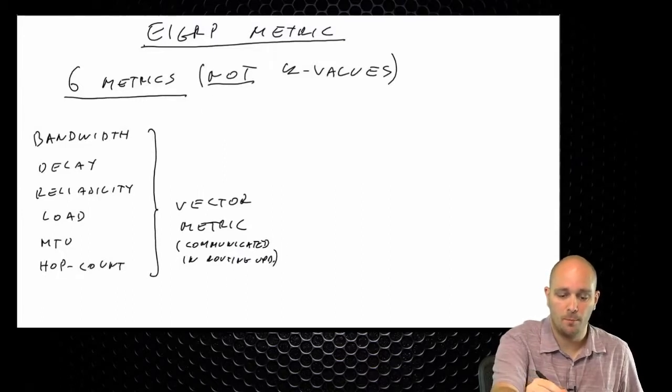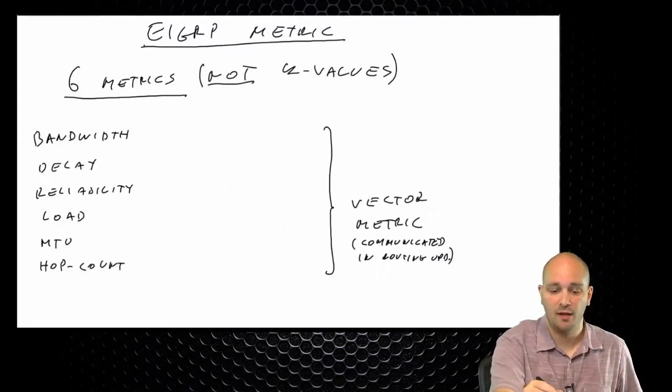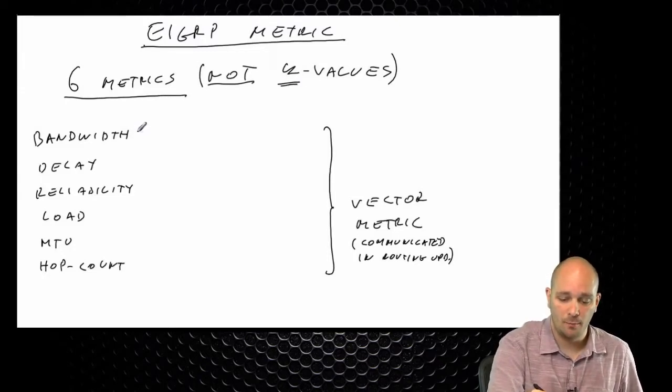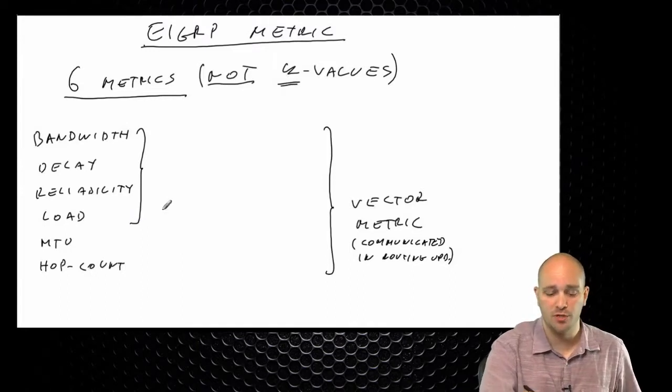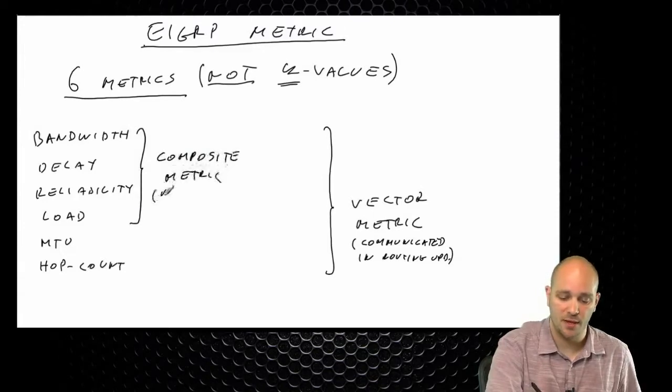Now, based on your configuration of K values, bandwidth, delay, reliability, and load will be used to calculate something that is called the composite metric. So this is based on K values.